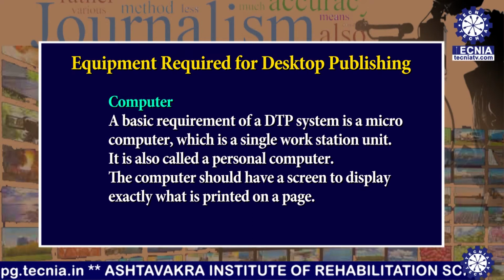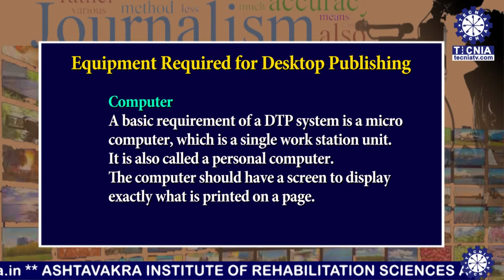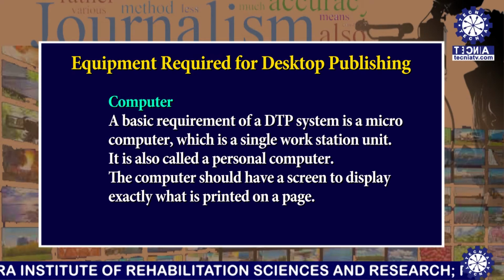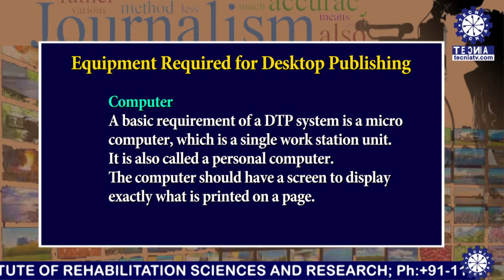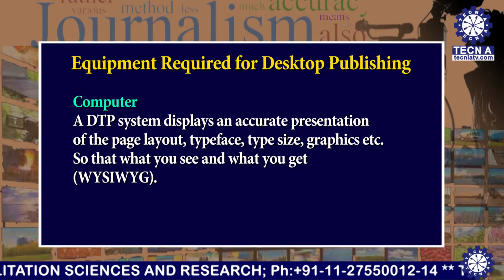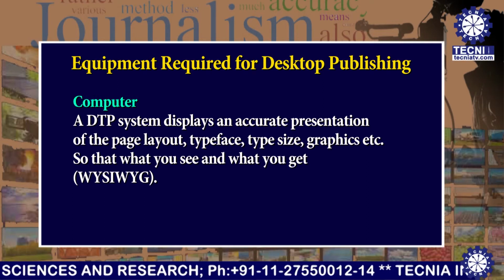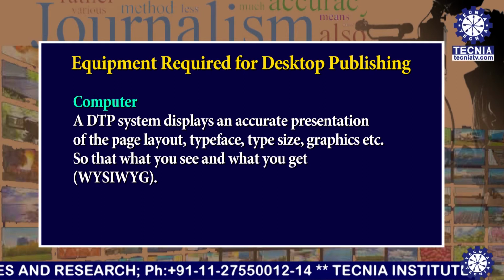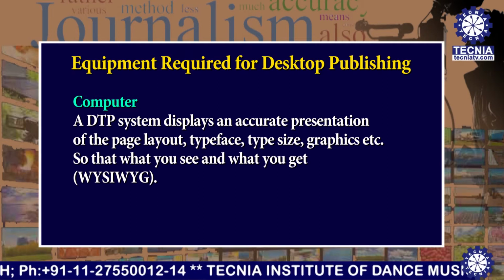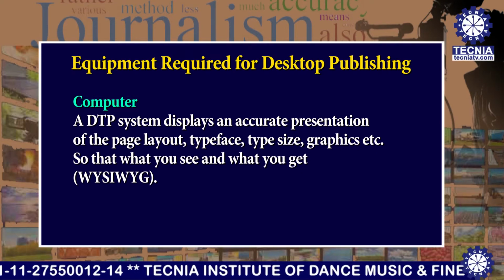It is also called a personal computer. The computer should have a screen to display exactly what is printed on a page. A DTP system displays an accurate presentation of the page layout, typeface, type size, graphics, etc. So that what you see is what you get.